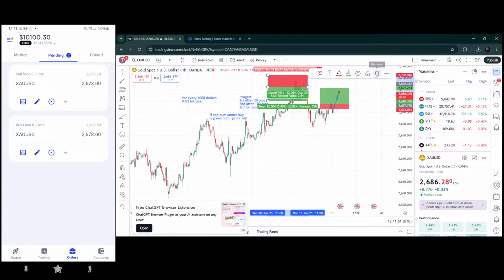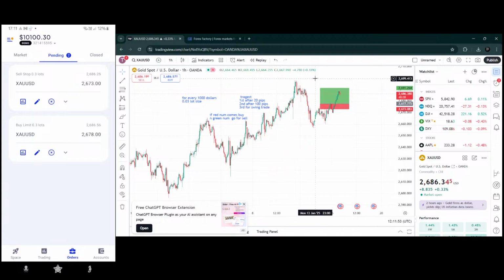But we'll do it later. Remember this point 2700. If the market doesn't open over this trade, we'll go for the sell from the top, because this time New York session opens and the market is in the middle.